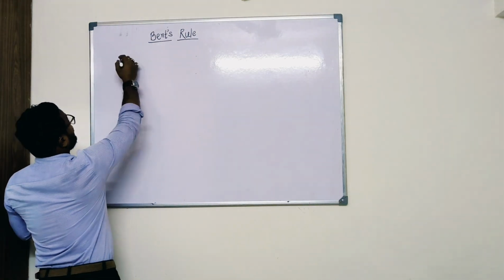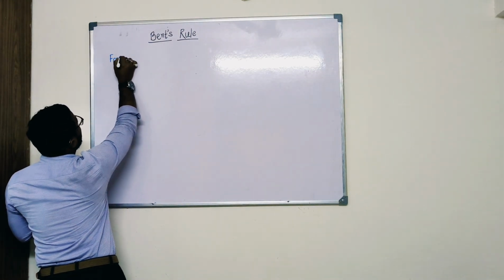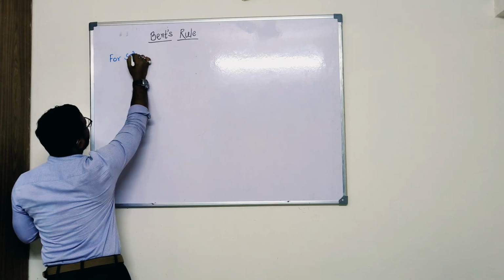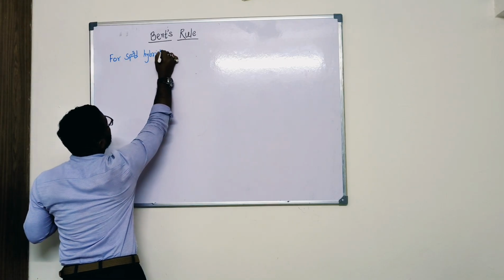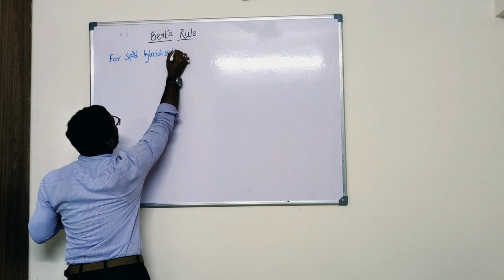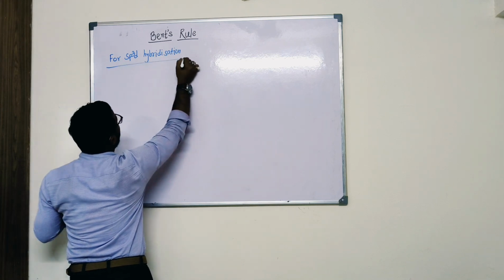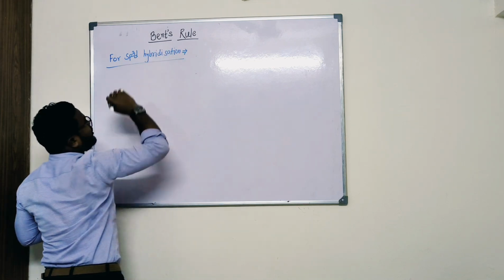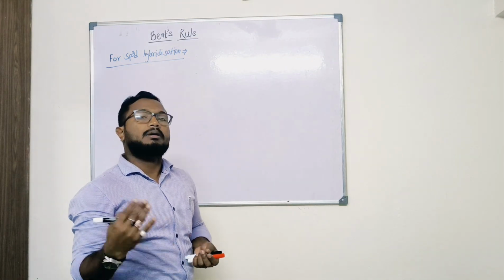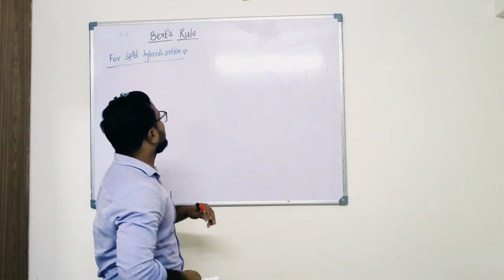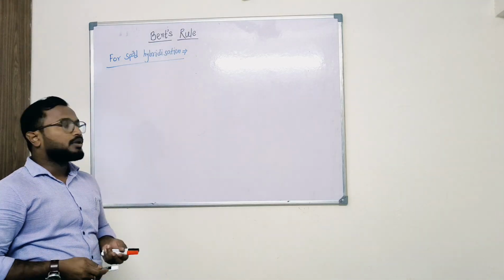So for sp3d hybridization, we calculate the forms and the structure by Bent's rule. What is told for sp3d hybridization?